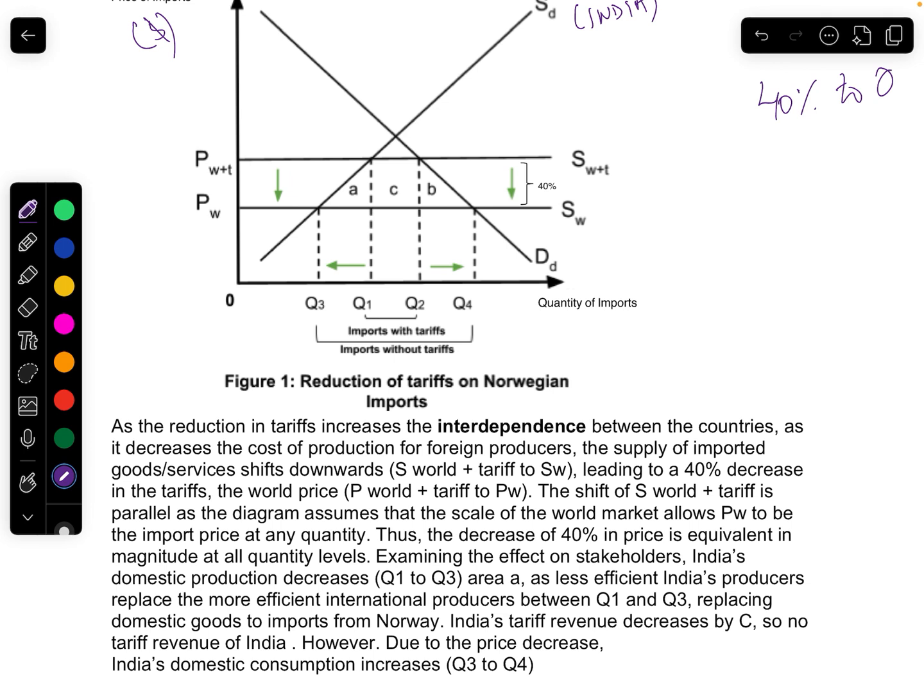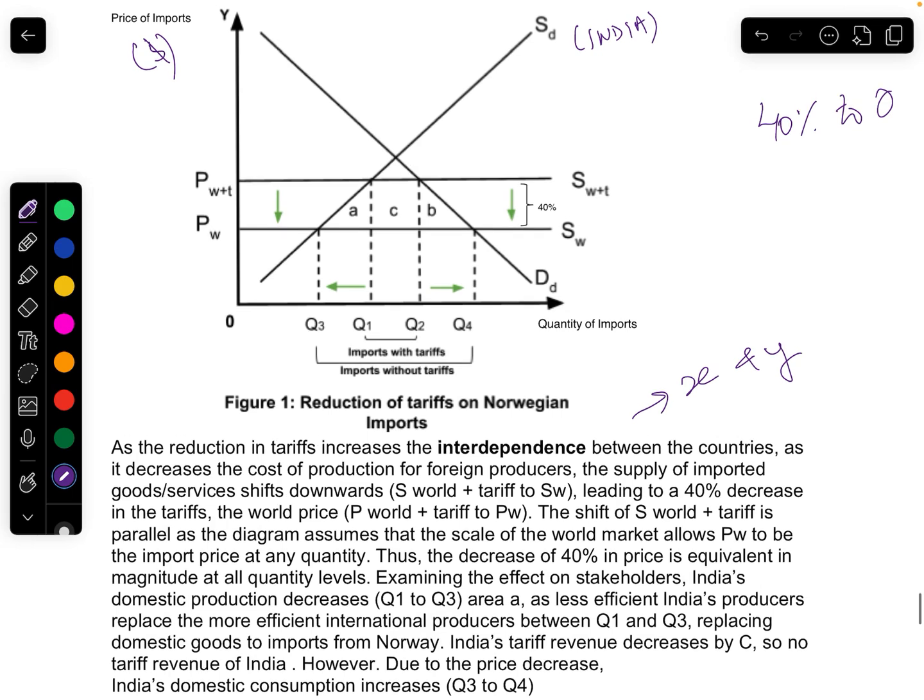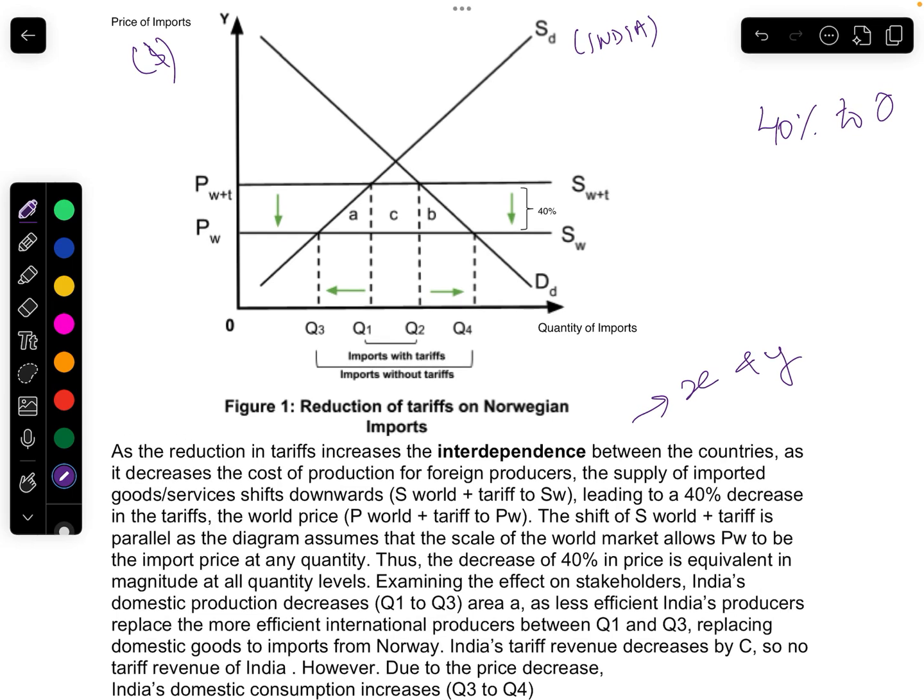My suggestion over here is to always mention the x-axis and y-axis in your explanation, what it stands for. So the child could have started the explanation after the interdependence by saying that the above curve shows the quantity of imports by India on the x-axis and the prices of imports on the y-axis.